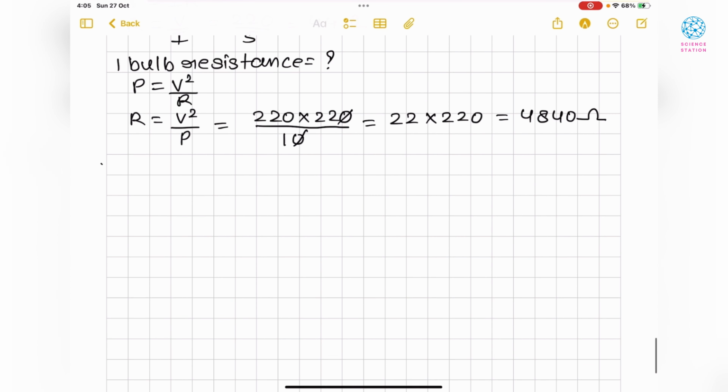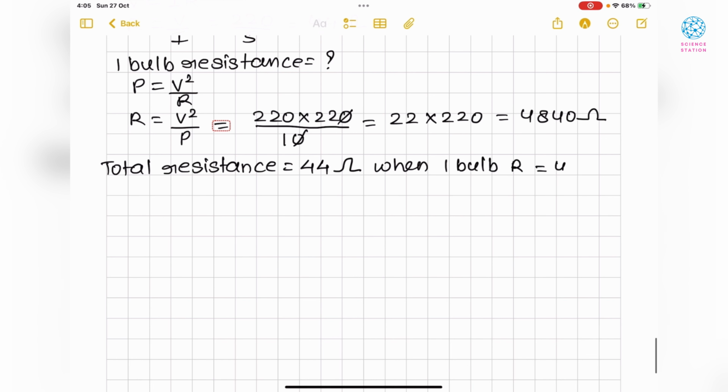Now total resistance is 44 ohm when one bulb resistance R equals 4840 ohm. So 1 upon R equals 1 upon R_B into N, where R_B is the resistance of one bulb.